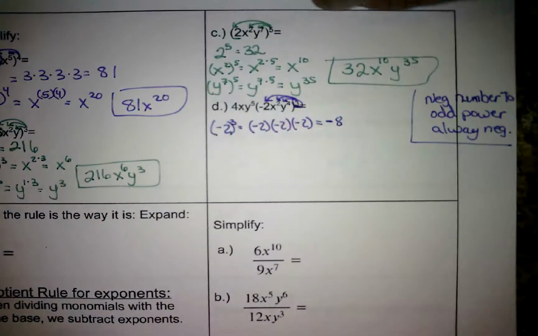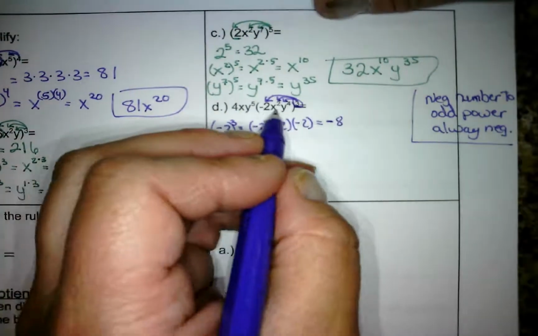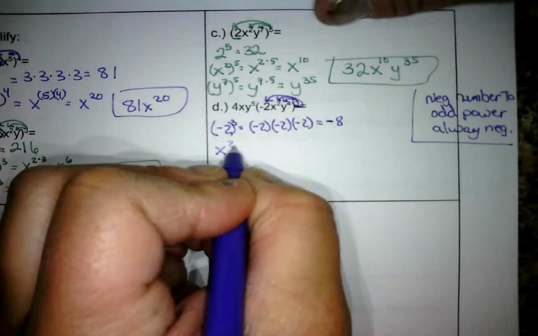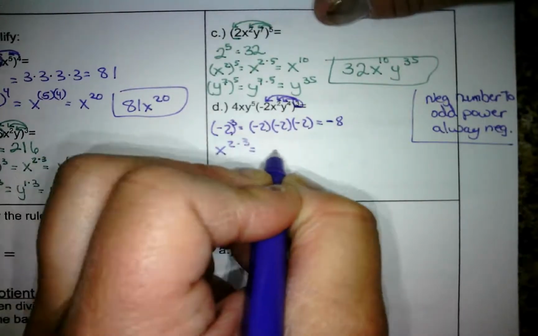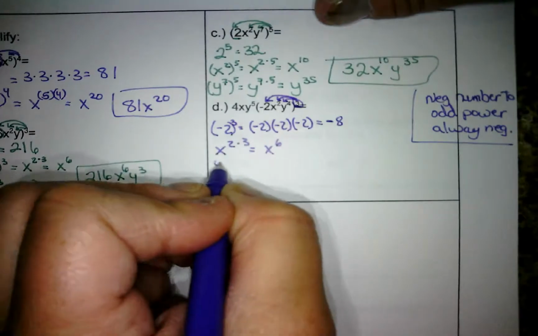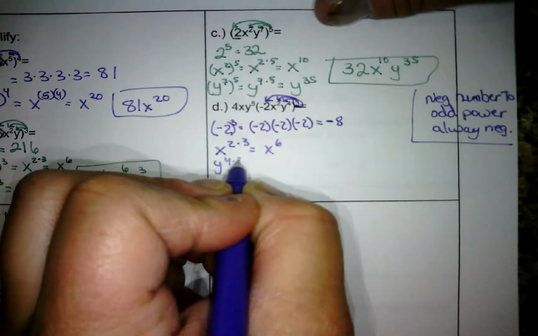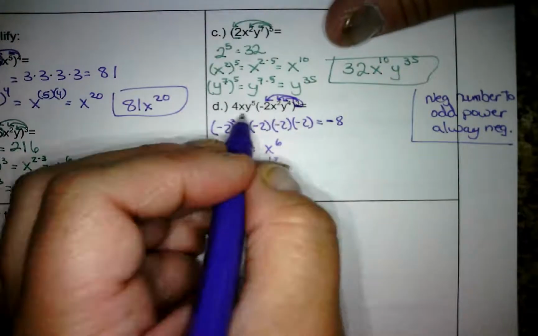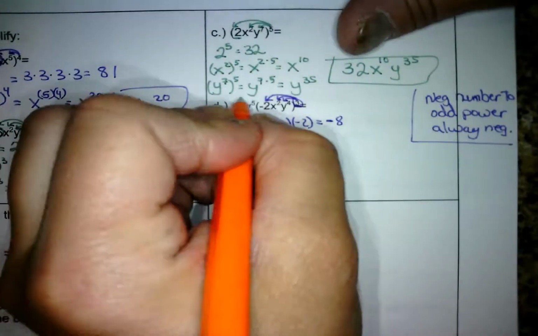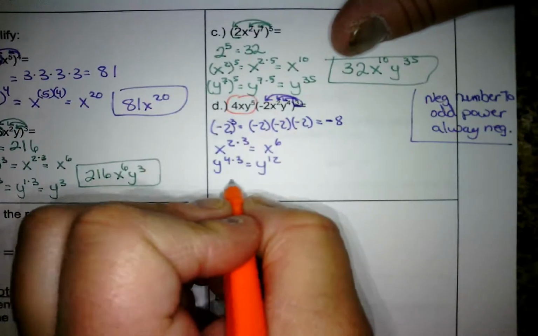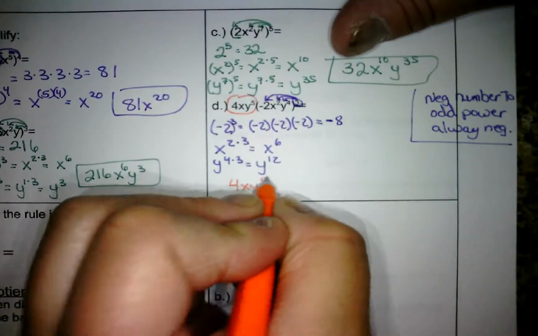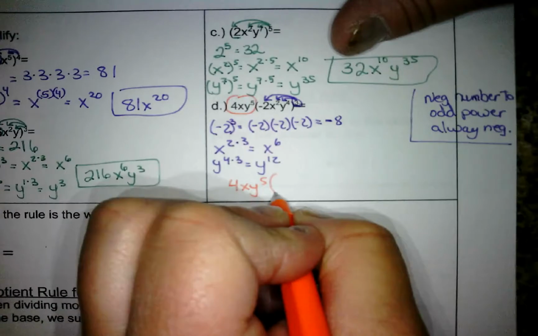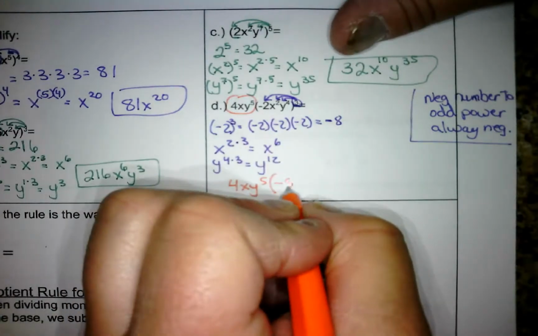Now let's go on ahead and we have our x squared to the 3rd power, which is x to the 6th. And then we have our y to the 4th to the 3rd power, which is y to the 12th. So now I'm going to rewrite this because I haven't done anything with that yet. So it's 4xy to the 5th power times negative 8, x to the 6th, y to the 12th.